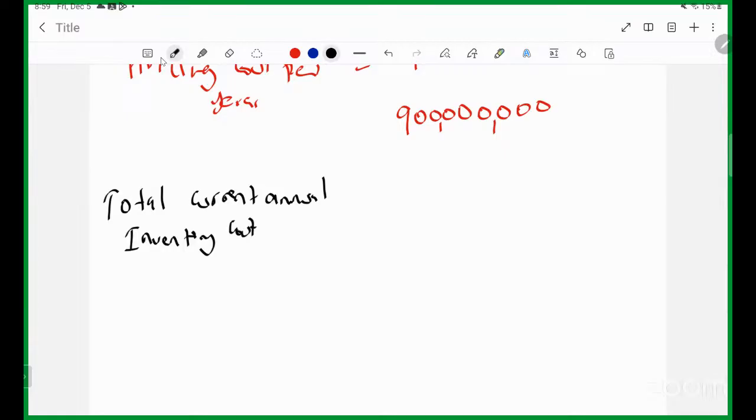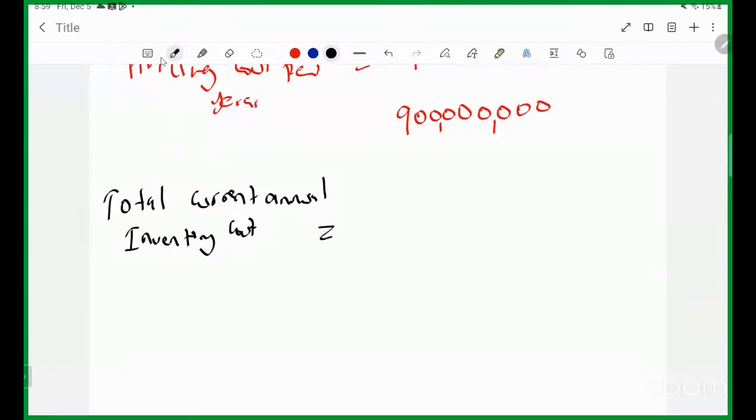Then you're going to have to apply EOQ under other conditions of uncertainty. That's also a different formula on its own, where you have lead time. They will even give you lead time. That is EOQ under conditions of uncertainty. But here, there is no uncertainty. We don't have lead time; we assume those things are constant. Is that okay?